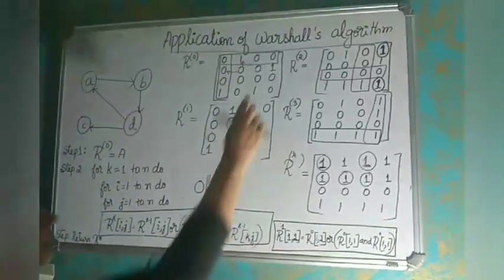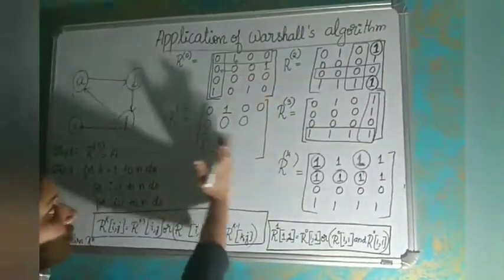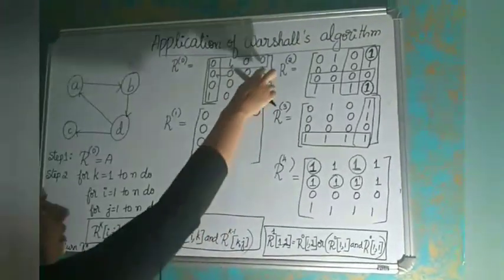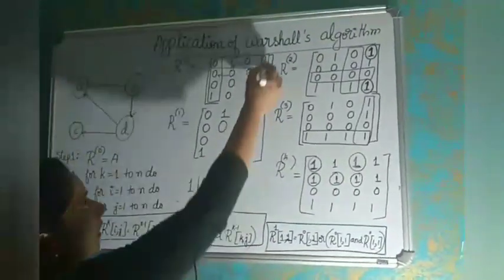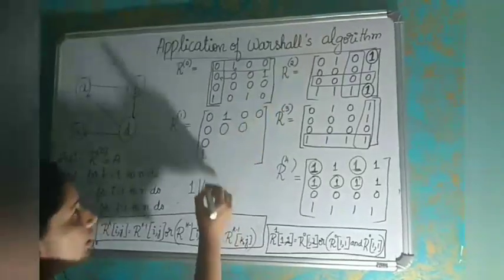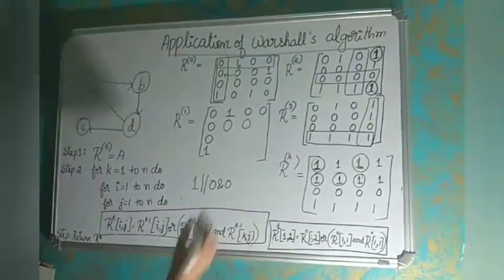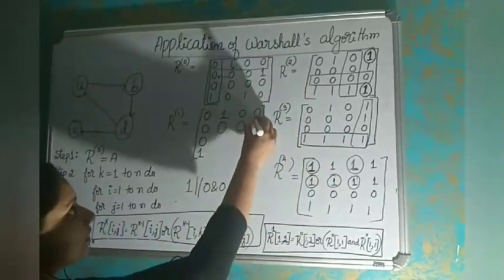So 0 OR 0 and 0 is 0 only. The next element is 1, so I take it as it is. Inside the box, in the same row there is 0, in the same column there is 0. 1 OR 0 and 0, so the answer is 1.